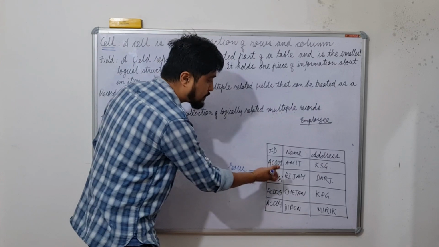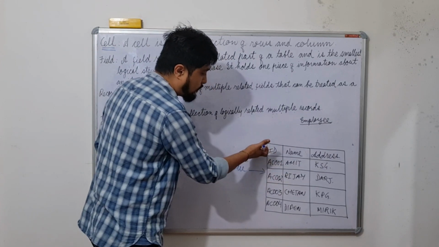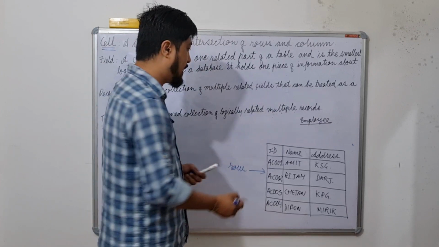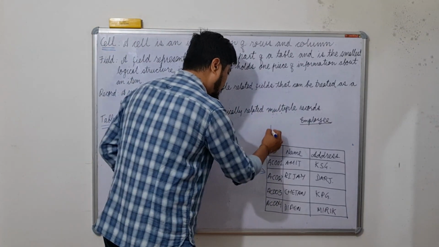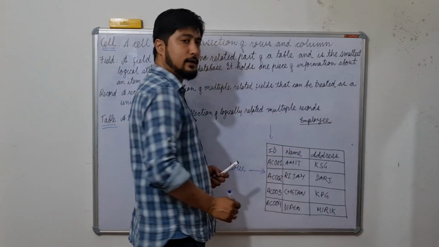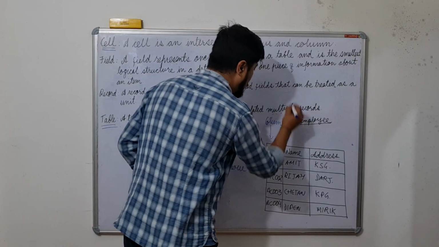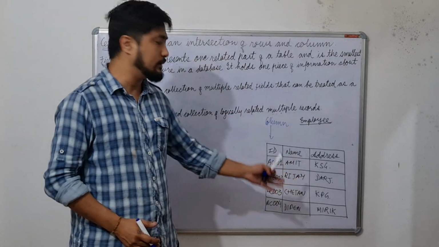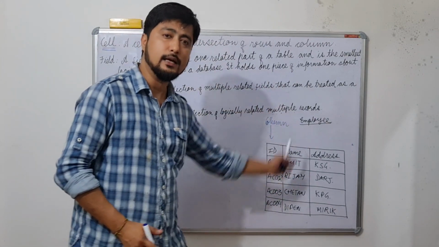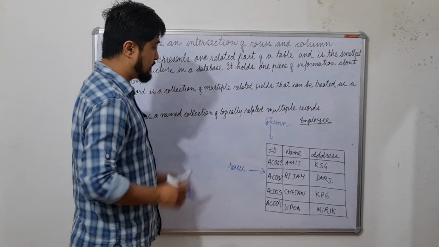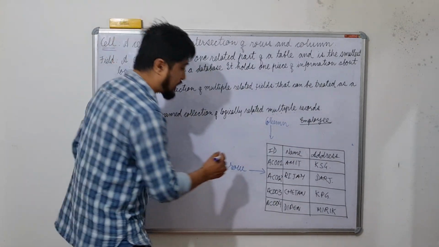How many rows are there? There are 1, 2, 3, 4, 5 rows. And this vertical part is known as a column. How many columns are there? There are 3 different columns. So this cell is the intersection of rows and columns.